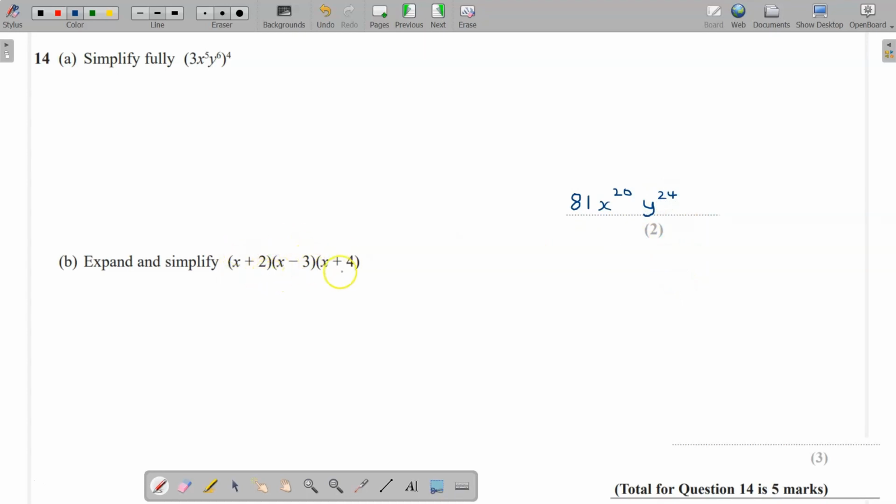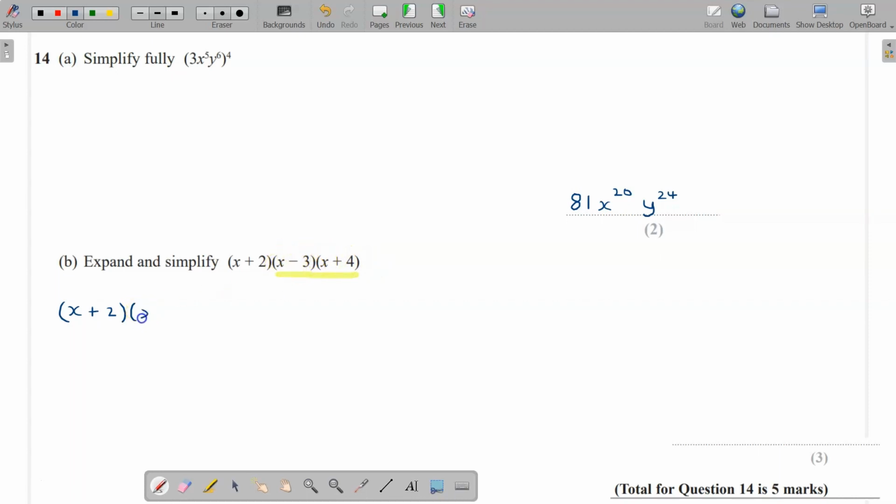In this question here, we have to expand these 3 brackets. I normally leave the first one in place and do these two first. Okay, so it looks like this. It'll be x plus 2 as it is, and that's to be multiplied by this, which we do using first, outer, inner, last.